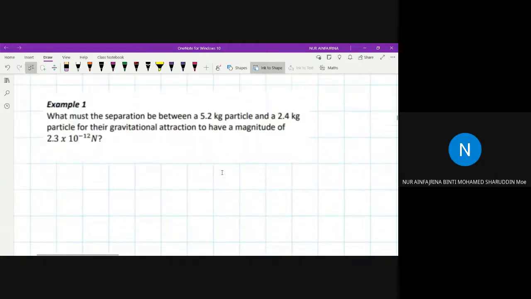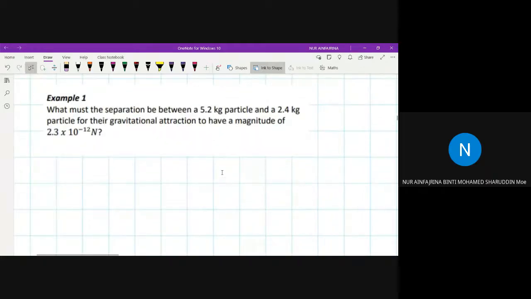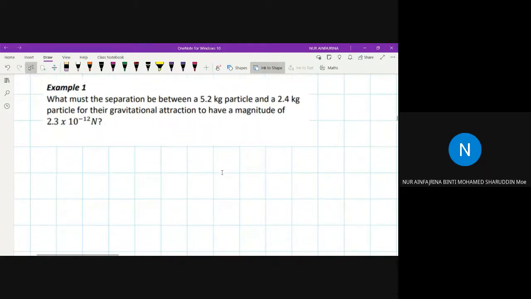Okay, now I'll give you a few minutes to try example 1. Can you try example 1? And once you are done, tekan nombor 1 di chat box here. Okay, maksud separation is distance, okay? Separation adalah jarak, ataupun kita kata dia adalah distance.